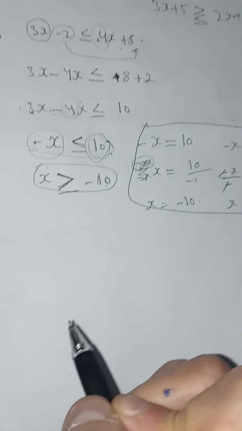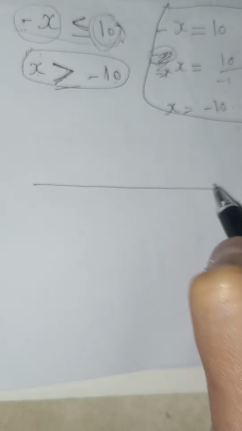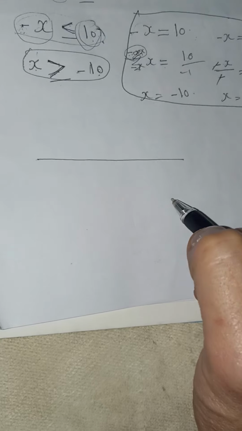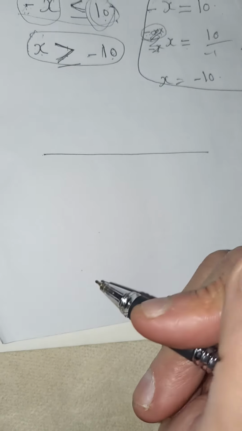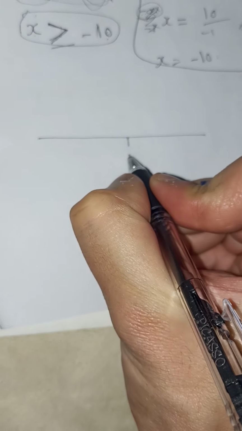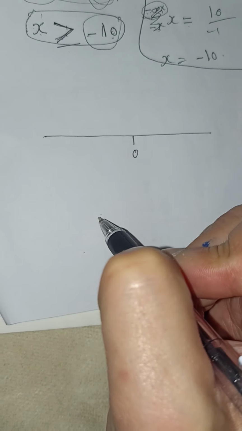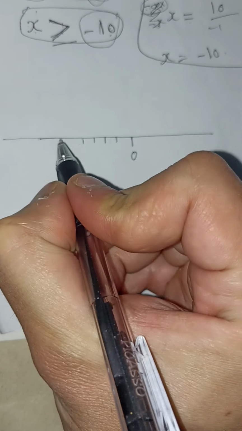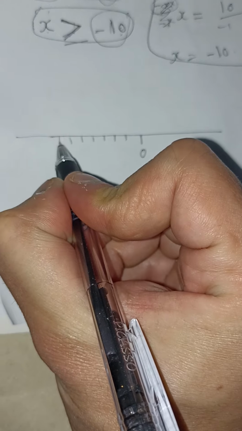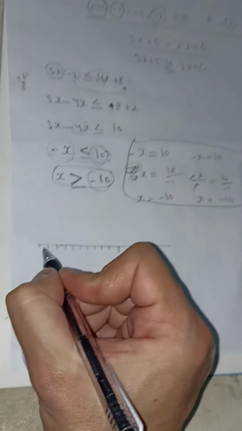So this is basically your answer, and we can also draw it like this. If in the exam it is asked to draw or sketch it on the line, how will you draw it? This is 0. Here we are talking about the negative terms, minus 10, so we will move like here: 1, 2, 3, 4, 5, 6, 7, 8, 9, 10.